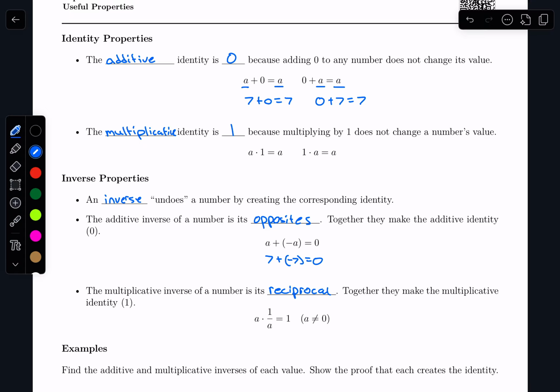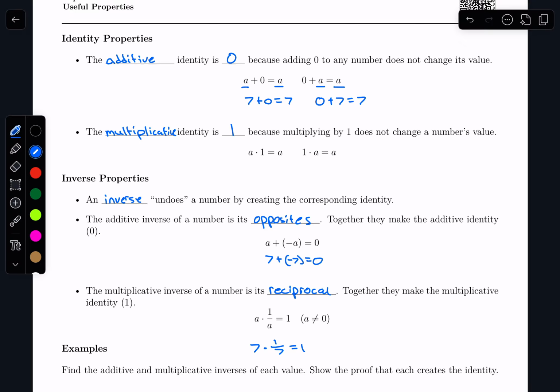So any number times its reciprocal, so if we start with a and we multiply by 1 over a, that is going to get us back to 1, which is the multiplicative identity. And this works as long as a is not 0. 0 does not have a multiplicative inverse because there's nothing you can multiply 0 by to get to 1. So this works for anything except 0. So as an example, we use our favorite number 7. 7 multiplied by its reciprocal, 1 over 7, is equal to 1, where that 7 on top cancels that 7 on bottom.